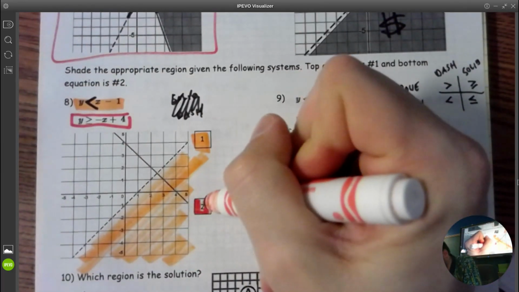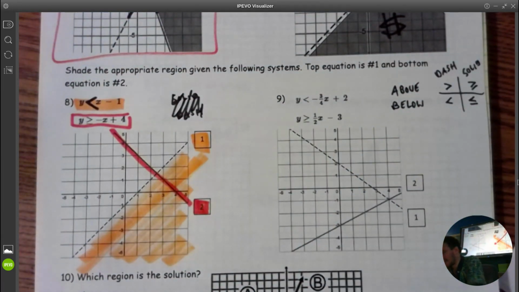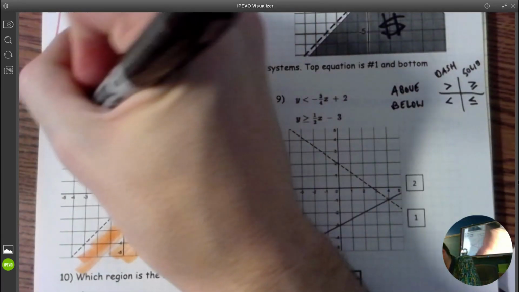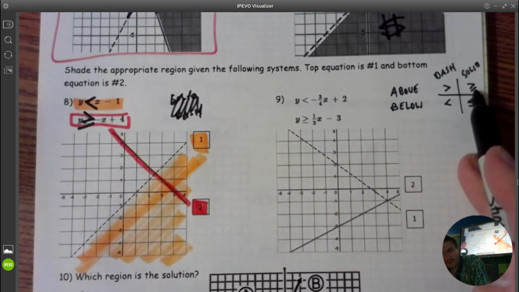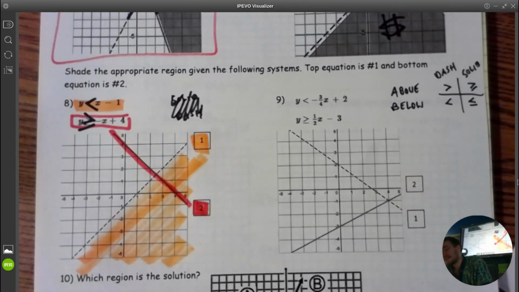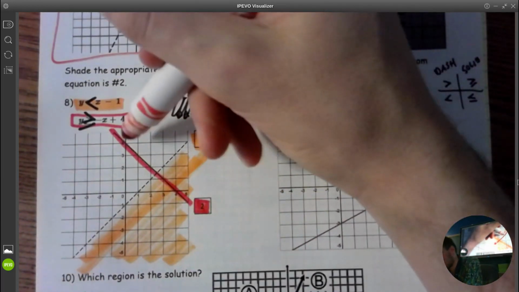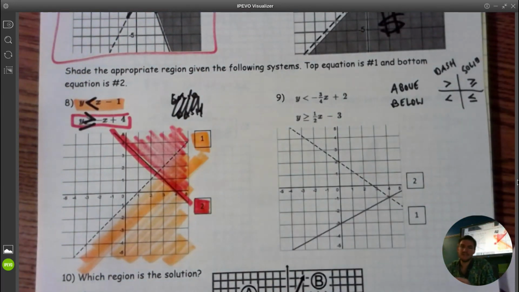Line number 2 is this one, and line number 2 has a greater than or equal to, which is why it's solid. And the greater than I can see right here, that is an above coloring. So I need to color above the red line, wrong color there, above the red, which is that portion.